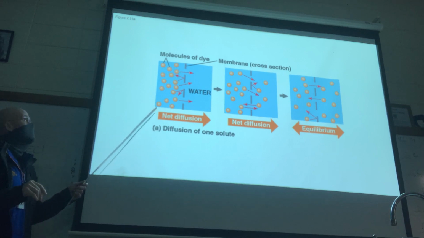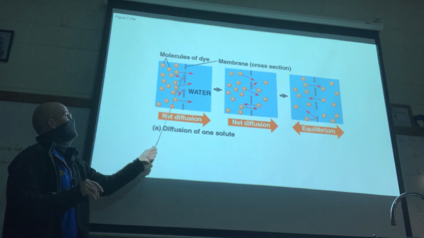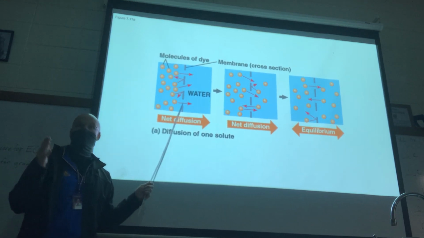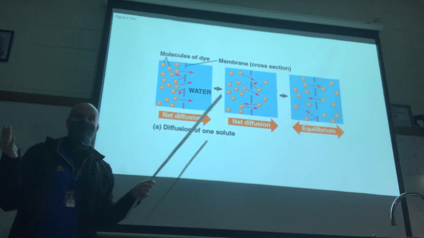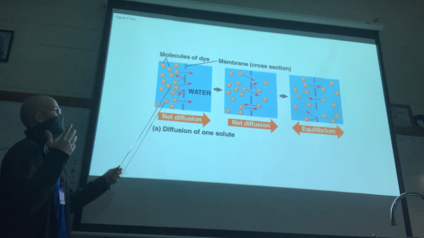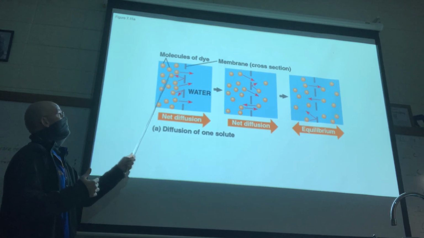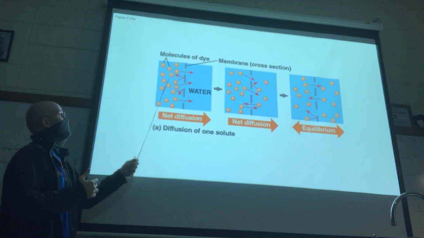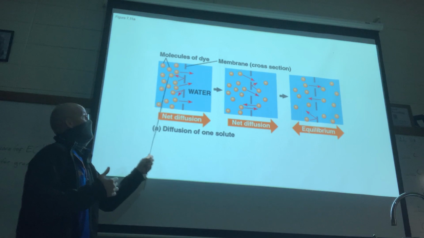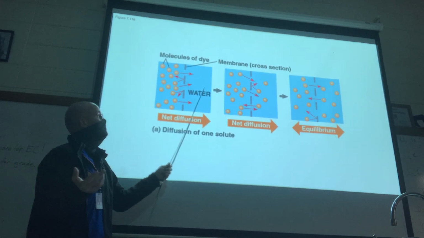So in this case, what you are seeing here is a membrane of some kind, a barrier that lets some things in and doesn't let other things in or allow things to cross. And what you see is a movement across this barrier of particles from higher concentration to lower concentration.